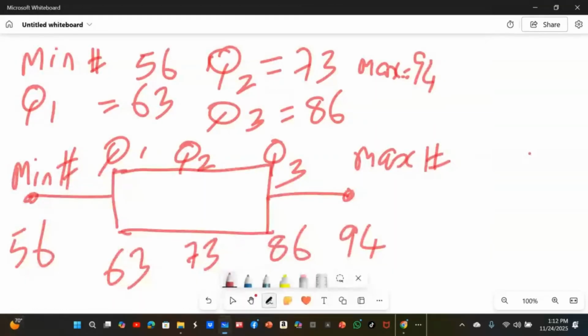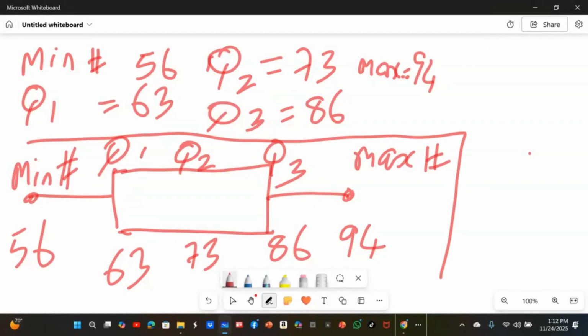So here is our box plot, as the box plot we are told to draw. We are told to represent the 5-number summary in a box plot. So this is a box plot of Professor Dung's grade. I am going to put a line here.